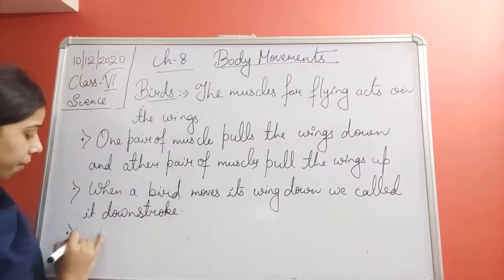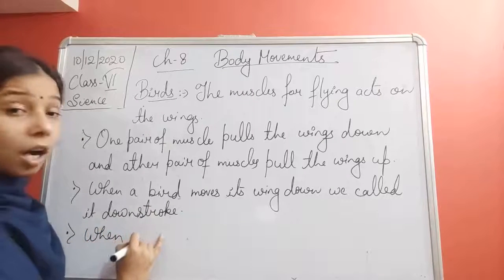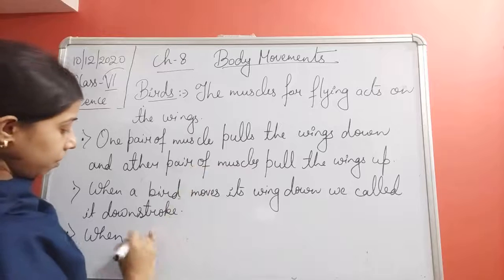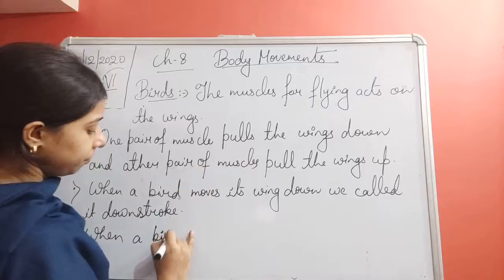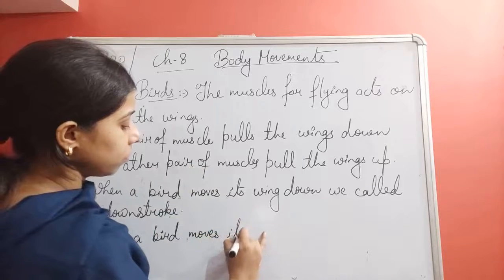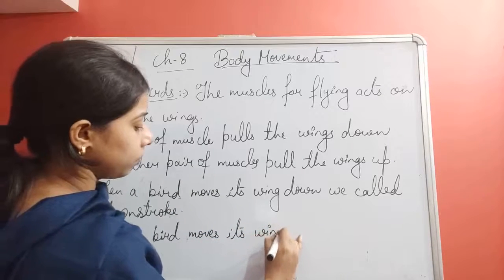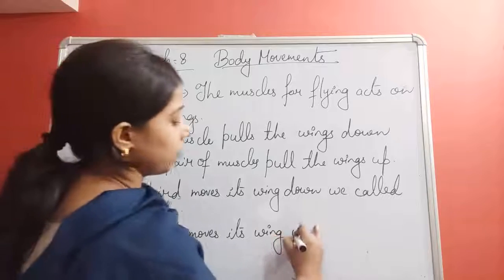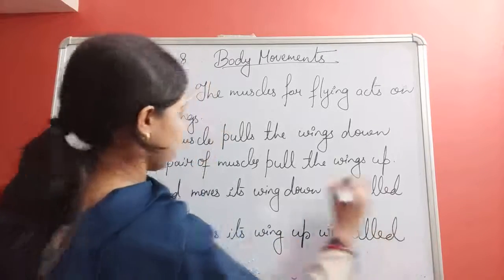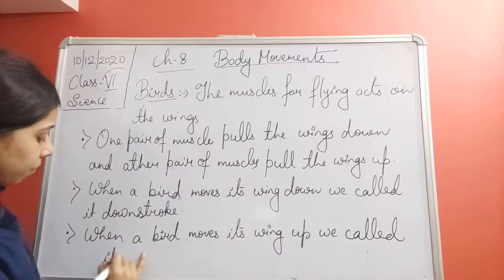Now the other one: when a bird moves its wing up, we call it upstroke.